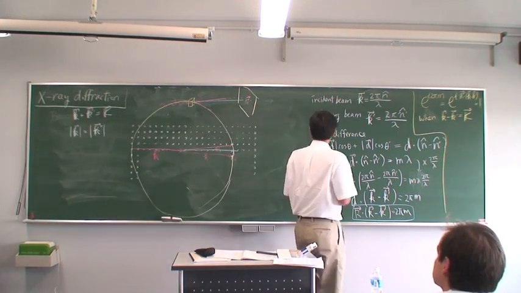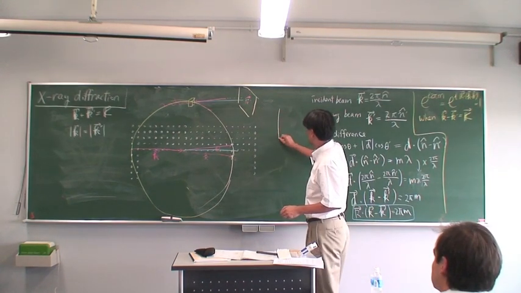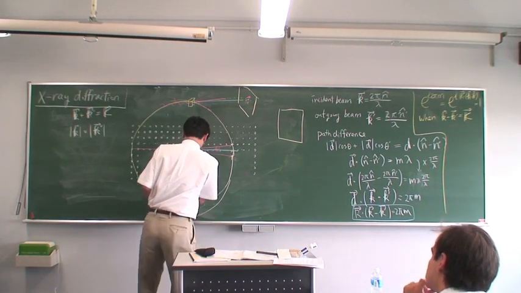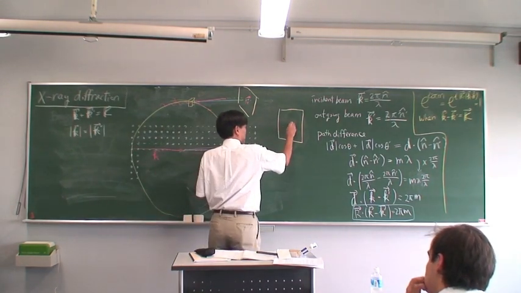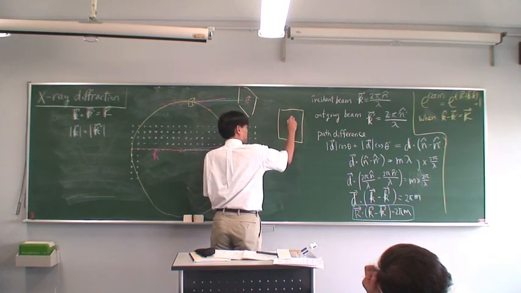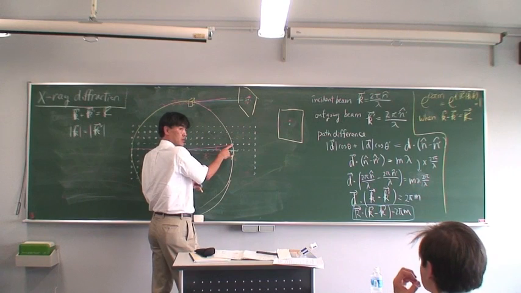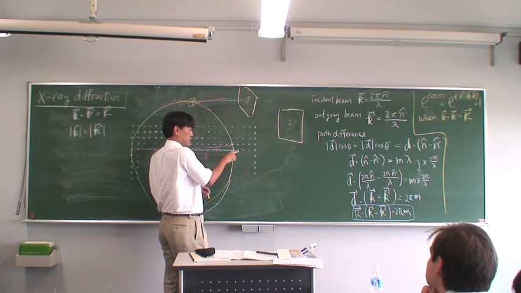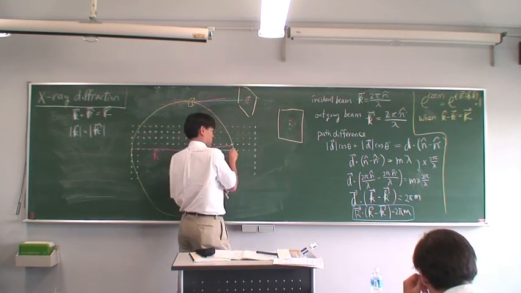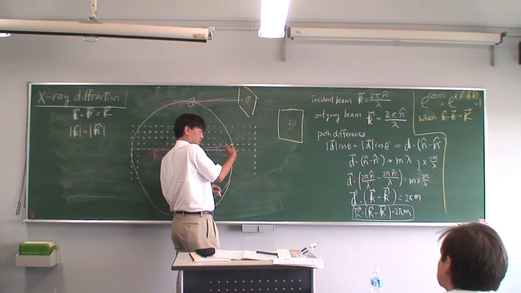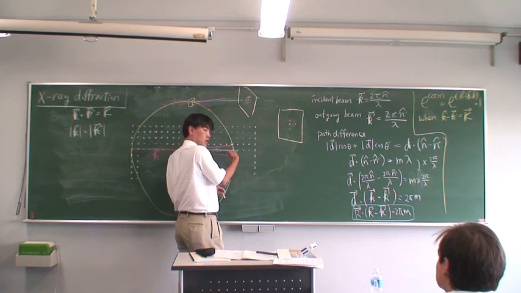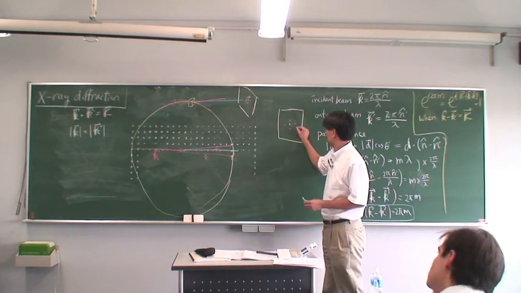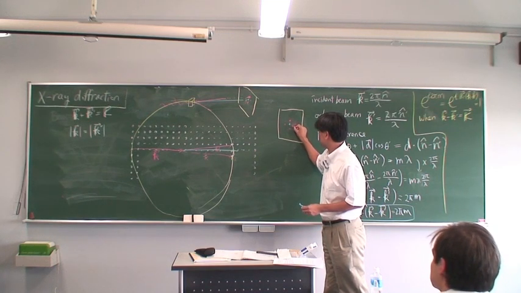So if I just look at the screen, remember I had transmitted spots and the top spots, which comes from here, the bottom spot, which comes from here, the right spots, which comes from here, the one into the blackboard, which comes from here, and each point is a reciprocal lattice vector.